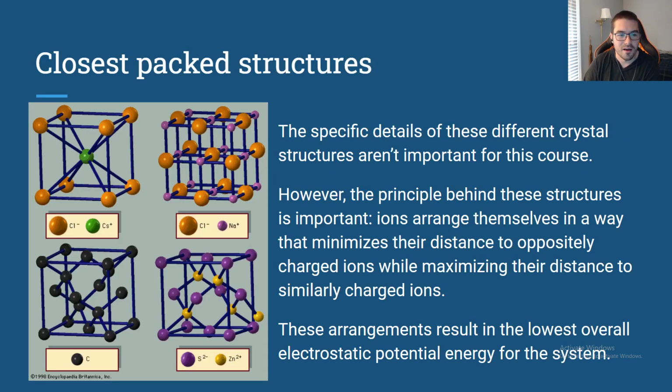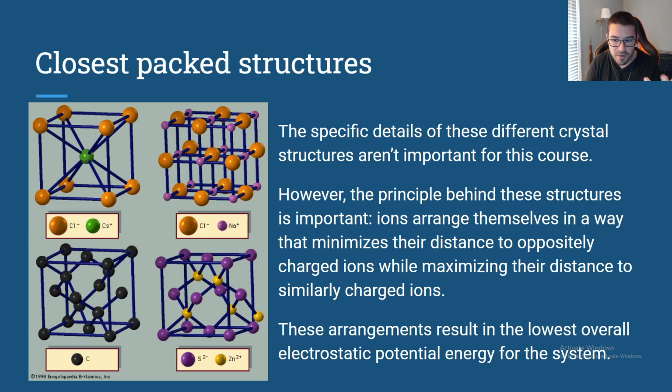Okay. All right, so here are a couple of those models. Really what I need you to know about ionic solids is this. Ions in an ionic solid arrange themselves in a way that minimizes their distance to oppositely charged ions. So anions and cations want to be as close as possible, right?